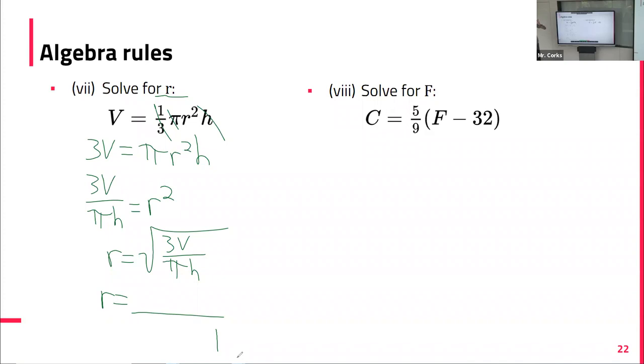Okay, sort of yes, but what is this a formula for? Volume of a cone. Okay, so right, volume of a cone. So if we have the height and we have the radius, then we can calculate the volume.